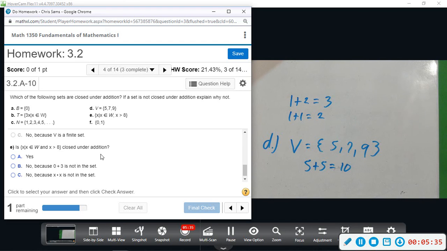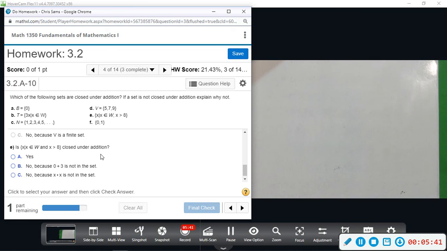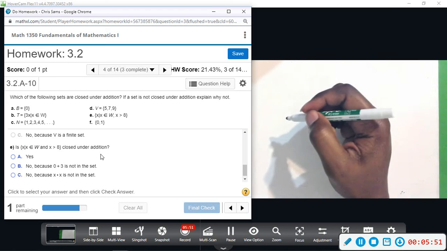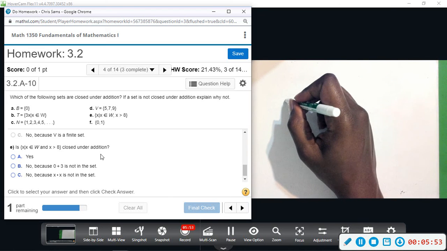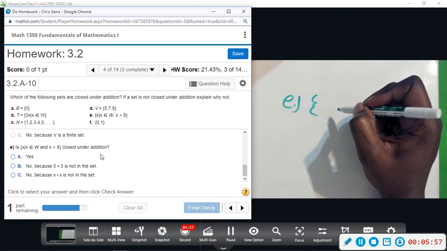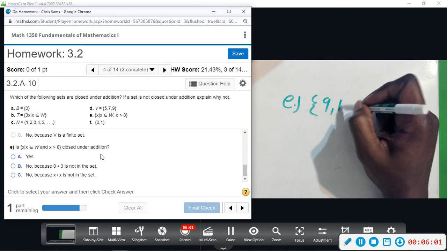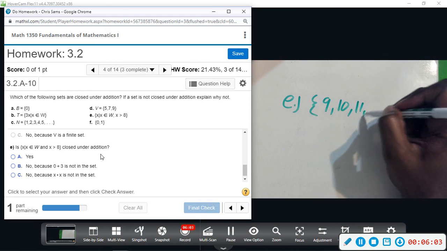Okay, E, we have the set of all x values such that x is a whole number, and it says x has to be greater than 8. So what we're looking at is the set of whole numbers greater than 8, starting at 9, 10, 11, and so forth.